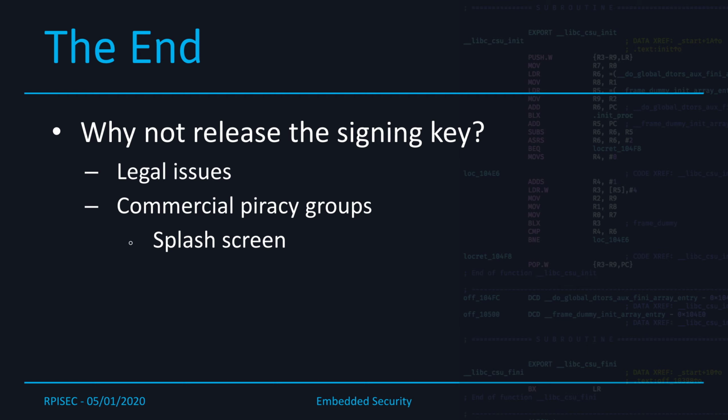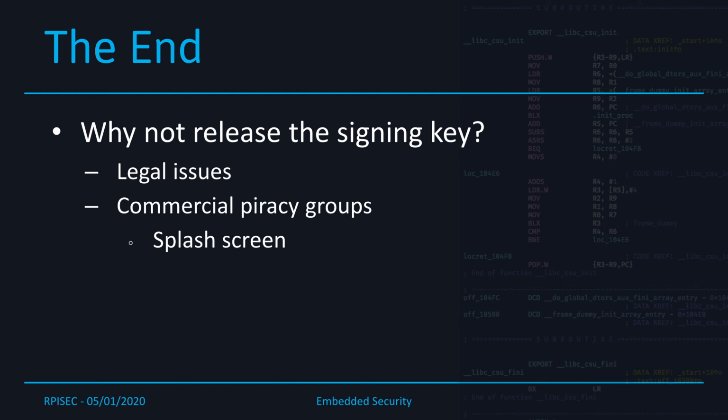So what they did was, with this new exploit, instead of releasing the signing key, which the commercial piracy groups could use to just calculate the keys themselves and run their piracy software, they made a version of the firmware that'll give you the keys, but before it does, it initializes the screen and shows a splash screen saying that this is free and open source software, so that the user is forced to see this, and then it would give you the keys and continue the system boot.